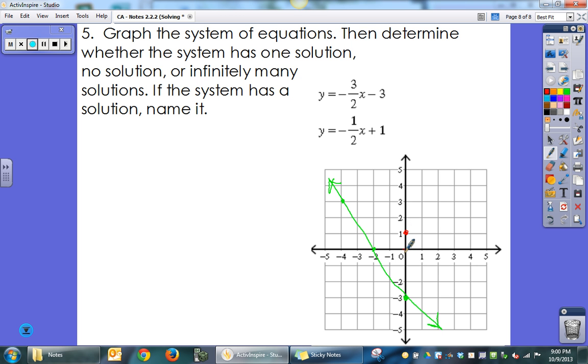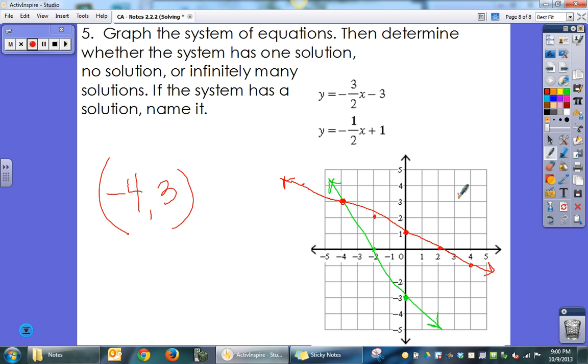So down 1 over 2, down 1 over 2, up 1 to the left 2, up 1 to the left 2. See what I mean about extending your lines so you can see where they intersect? Sorry, it's a little difficult with a slate. Anyways, right here is where they intersect, so that's negative 4 comma positive 3.